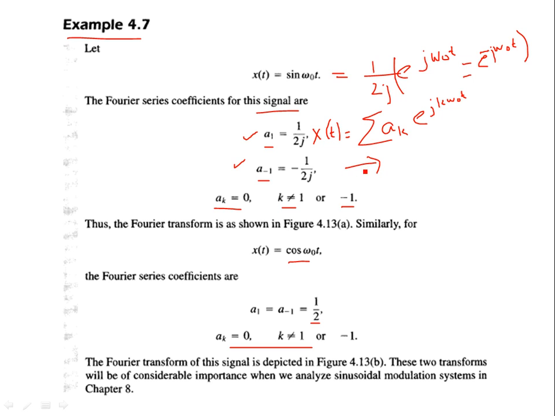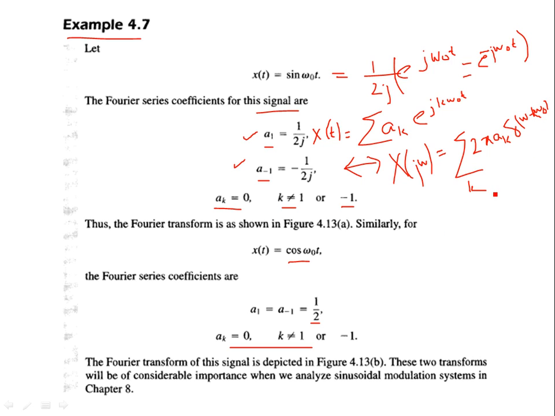We recall that it has a one-to-one mapping with the Fourier transform X(j omega), which is nothing but a collection of periodic impulses having weights of 2 pi times a_k, 2 pi times the Fourier coefficients, and this has to be multiplied by delta of omega minus k omega naught. So what do you expect? Look at this. This is k, so this is k omega naught.